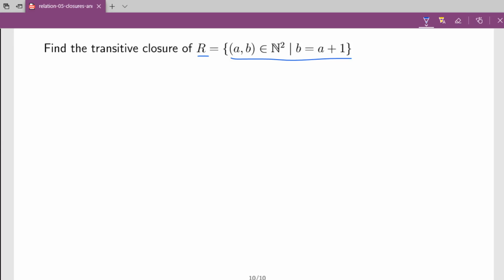helpful, it may be helpful just to draw examples, the graph of R, with some instances of the domain.